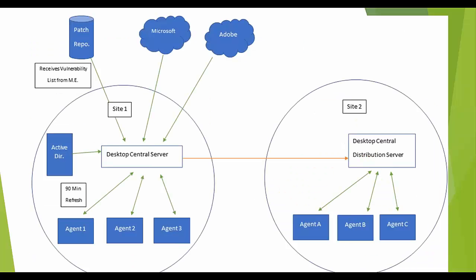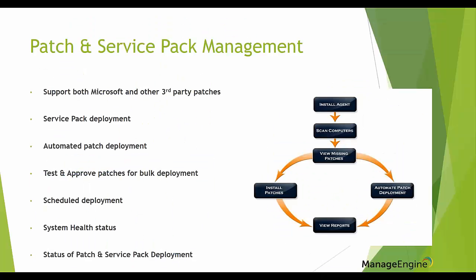Desktop Central's patch management helps us to automate the deployment of patches to the systems in the network to keep them healthy and less vulnerable to any sort of attack. So this is the main idea of patch management, and we really need to make sure that the applications or software are fully up to date.